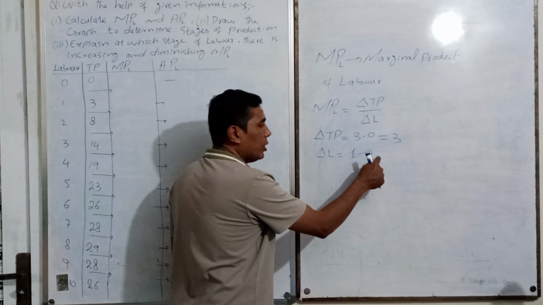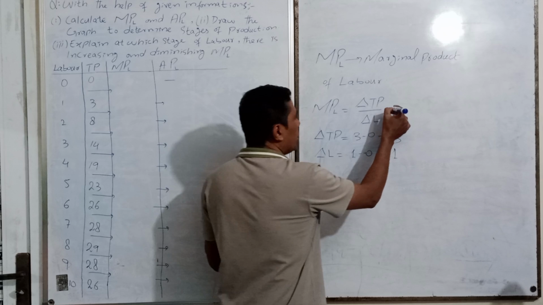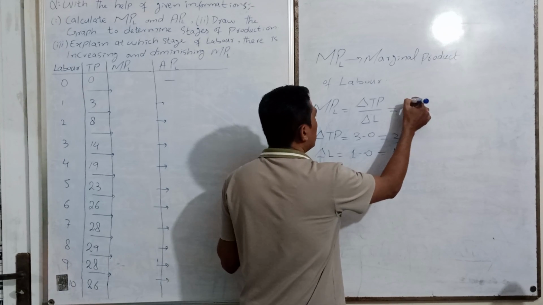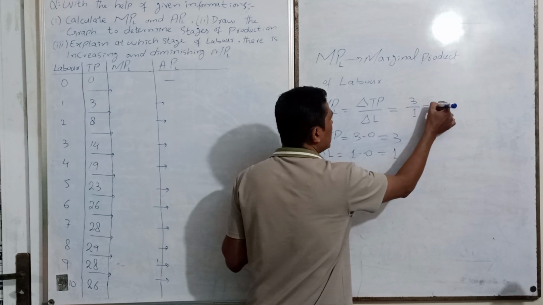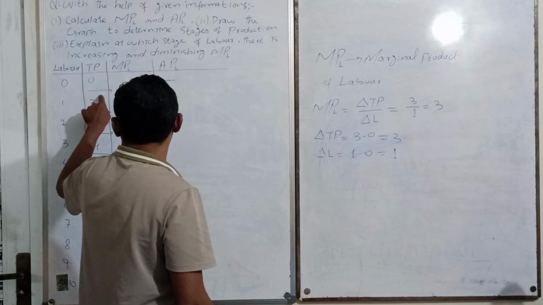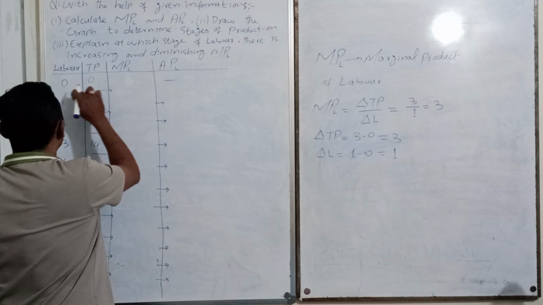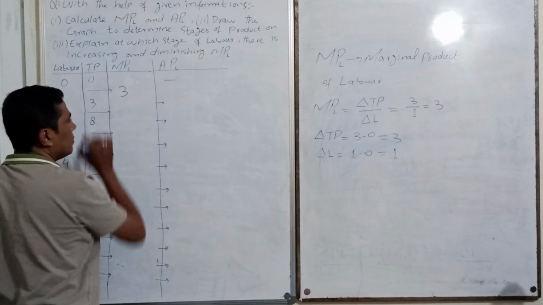Similarly, 1 minus 0 equals 1. Now substituting these two values, 3 upon 1, the answer is 3. So the marginal product of labor between these two numbers is 3.